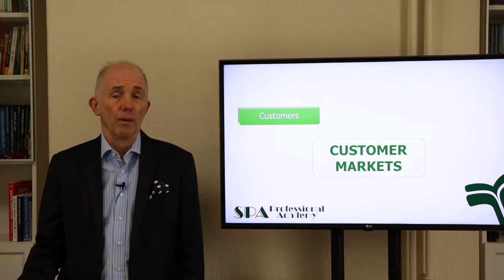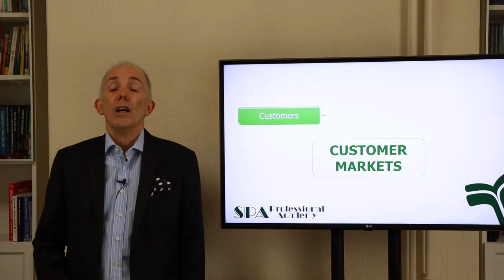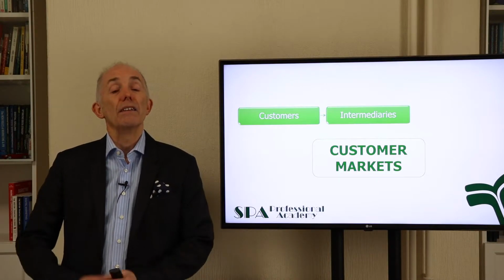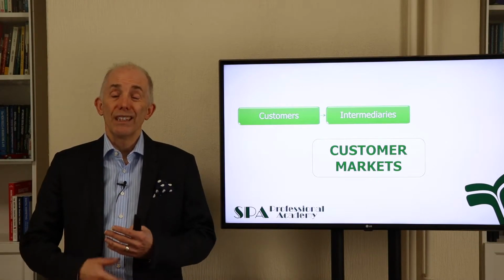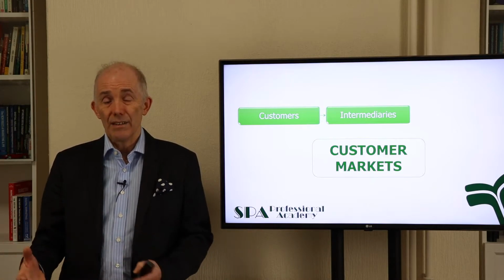So within our customer markets, obviously we need to understand the actual customers. But we also need to think about, or many organisations need to think about, the intermediaries. What about those intermediary markets that we utilise?